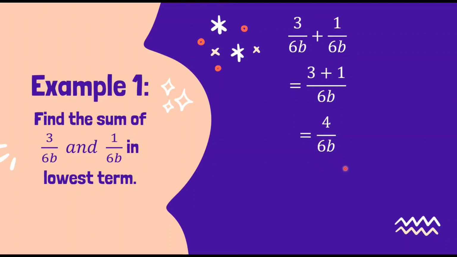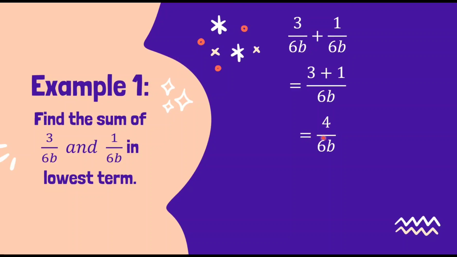Okay, now, what have you noticed on our numerator and denominator? Correct. So we can cancel 4 and 6. So why do we need to cancel 4 and 6? Very good. Because we have a common divisibility of 4 and 6.